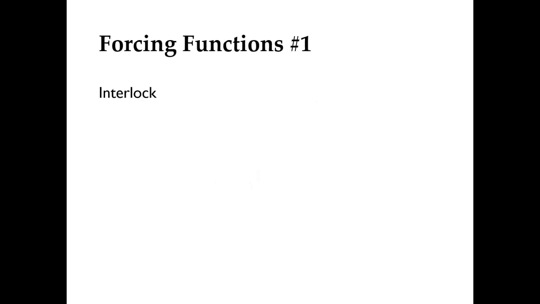So first off, let's talk interlocks. Interlocks force operations to take place in a specific sequence. You must do A, then do B, then do C. There's something happening, whether it is a physical object or a piece of software, that people have to act on in a certain sequence.